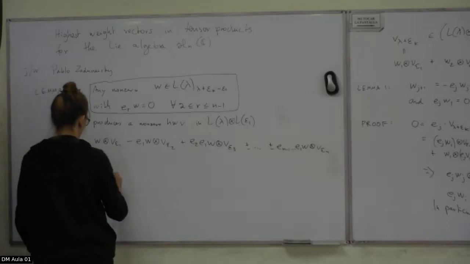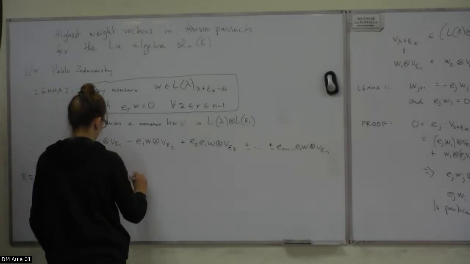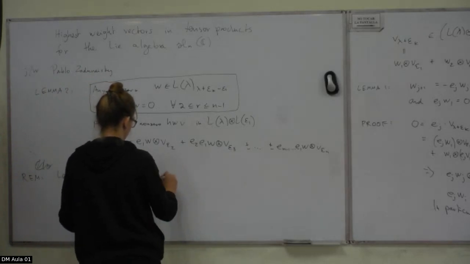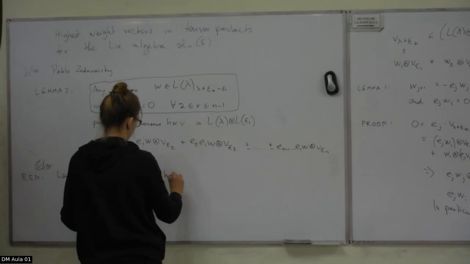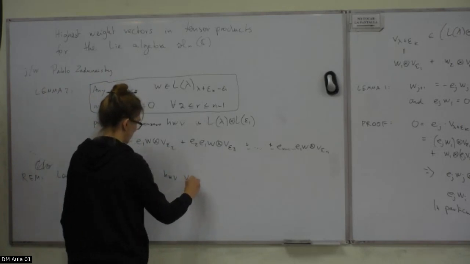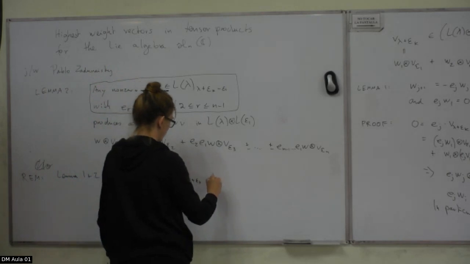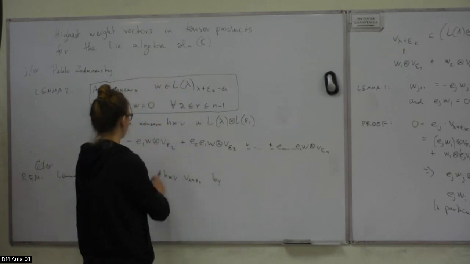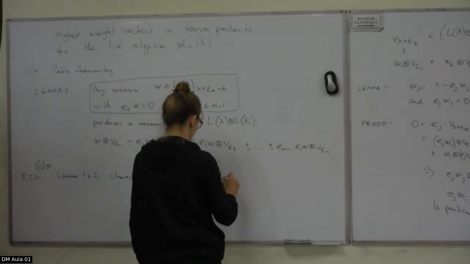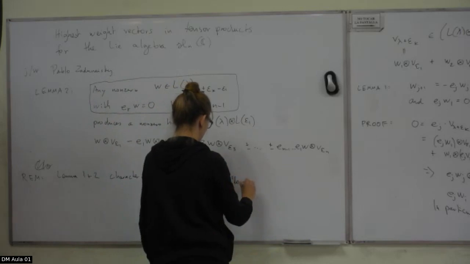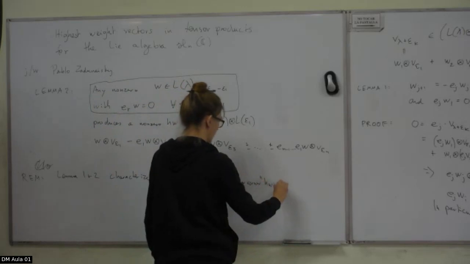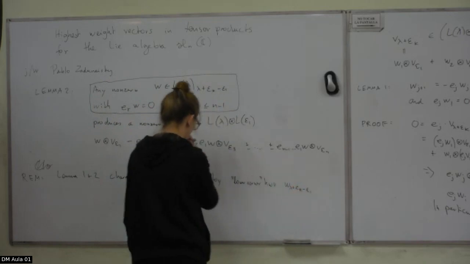Number 1 and 2 together characterize the highest weight vector v_{lambda plus epsilon_k} by this almost highest weight vector, this lower corner highest weight vector w_{lambda plus epsilon_k minus epsilon_1}.